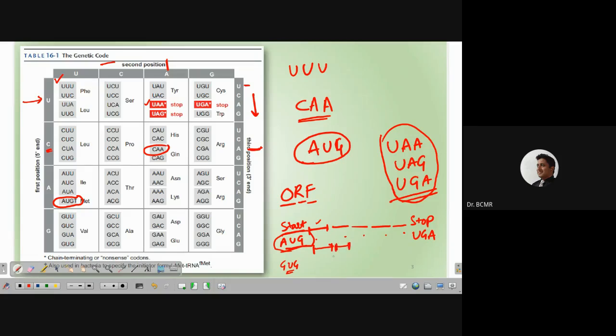But then again, there is something called frame shifting. Ribosomes sometimes can move +1 or +2 or -1 or -2. It can jump a base and start reading, or it can move back a base and start reading again.